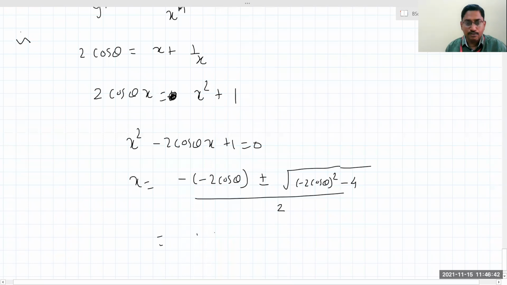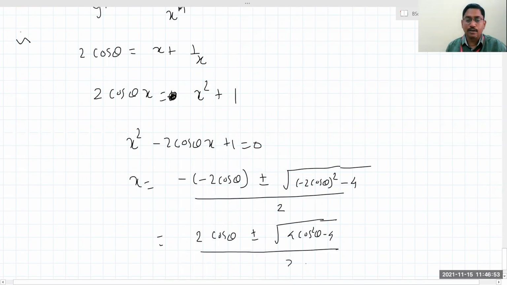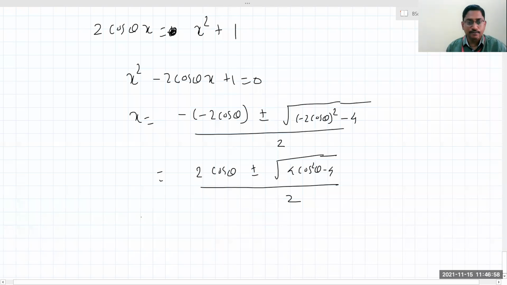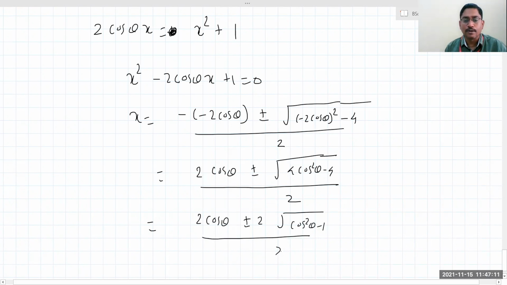So minus minus plus. So it is 2 cos theta plus or minus square root of 4 cos square theta minus 4, divided by 2. I can take 4 common and root of 4 is 2. So all the 2 will get cancelled. So this is 2 cos theta plus or minus 2 square root of cos square theta minus 1, divided by 2. So the 2 taken common will get cancelled.